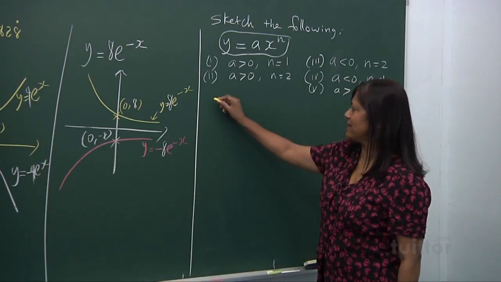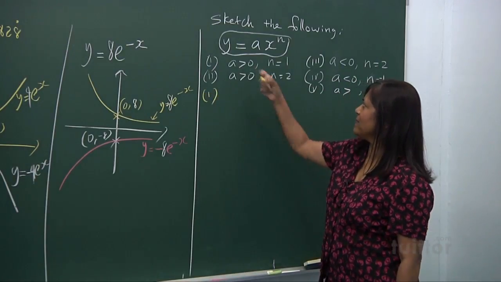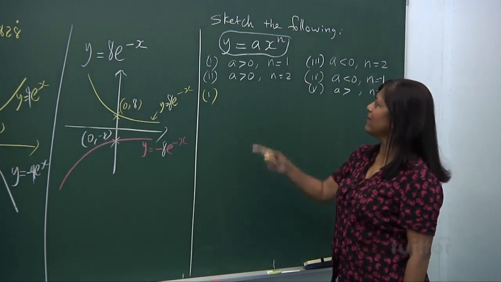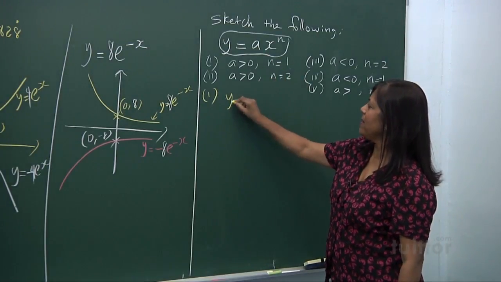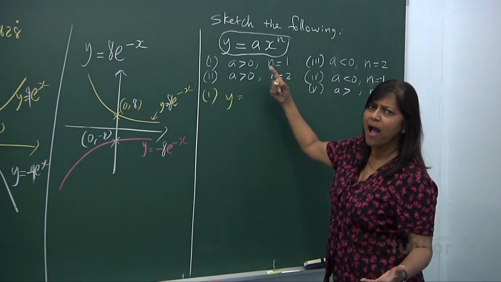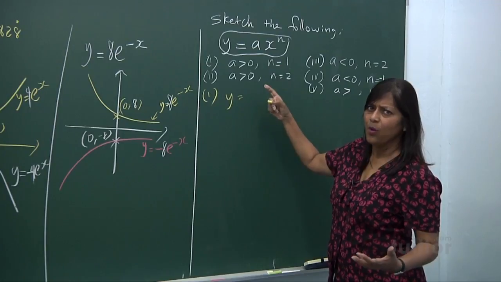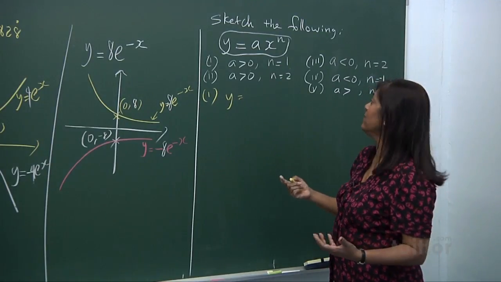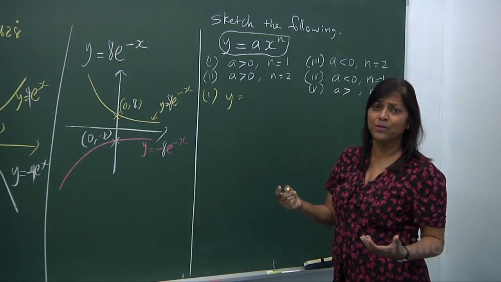In the first case, your a is greater than 0 and your n is 1. Let's take a number like 3, 2, 5, 10, 100, whatever is to your liking, a positive number. A whole number will be easier for you.